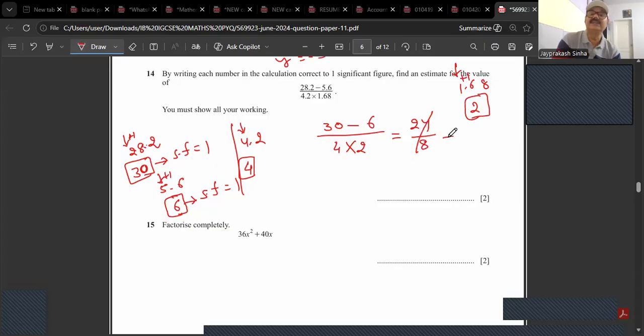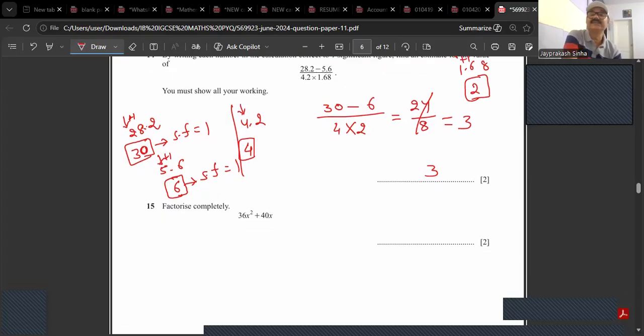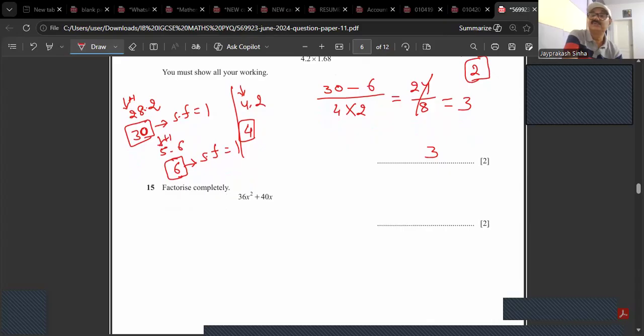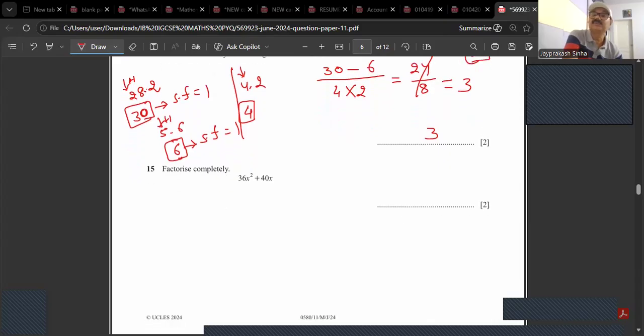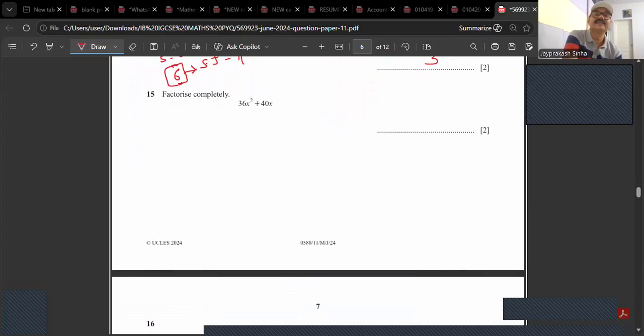When we cut it, we will get 3. So the answer will be 3. And we have shown all working also. So you also have to do the same thing in examination. You don't have to solve the problem by shortcut. You have to write the proper steps.